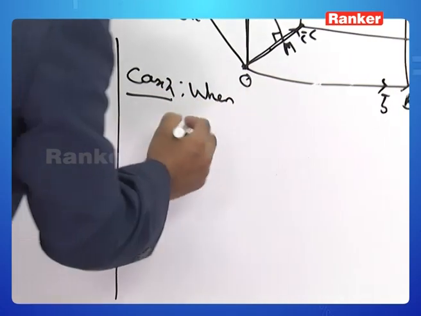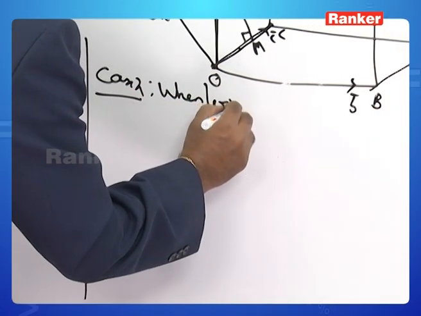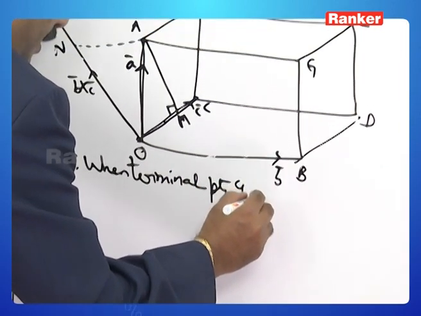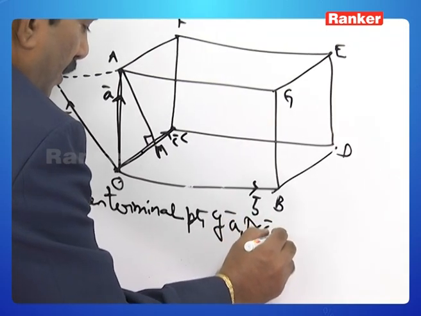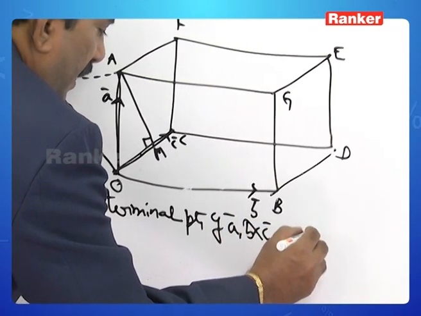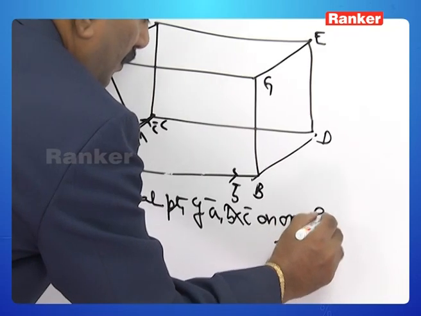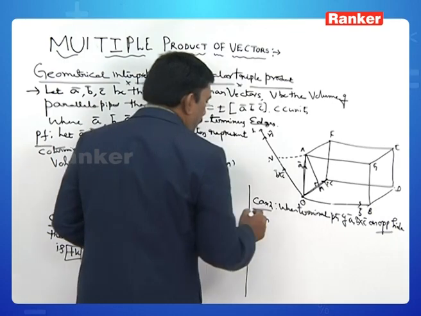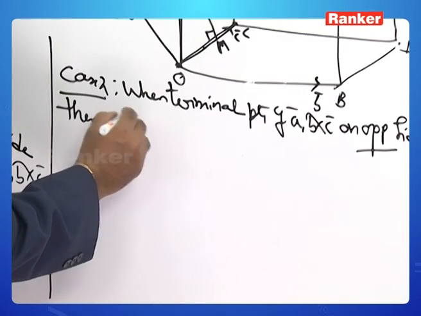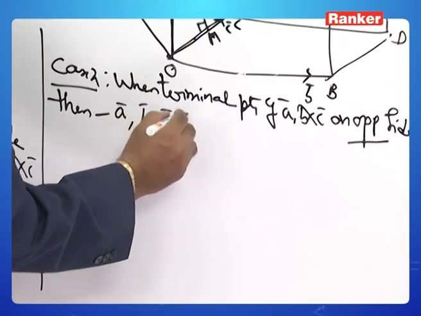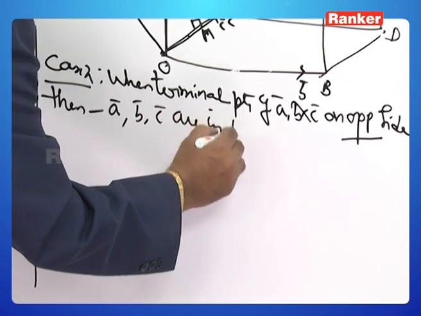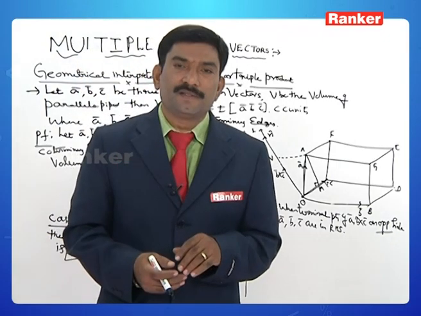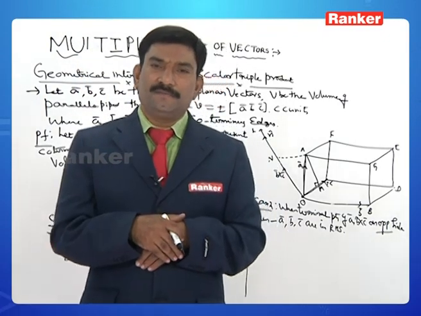When the terminal points of A bar and B cross C are on opposite sides, then minus A bar, B bar, C bar are in a right-handed system. Actually, A bar, B bar, C bar are in a left-handed system. You have to change the direction.